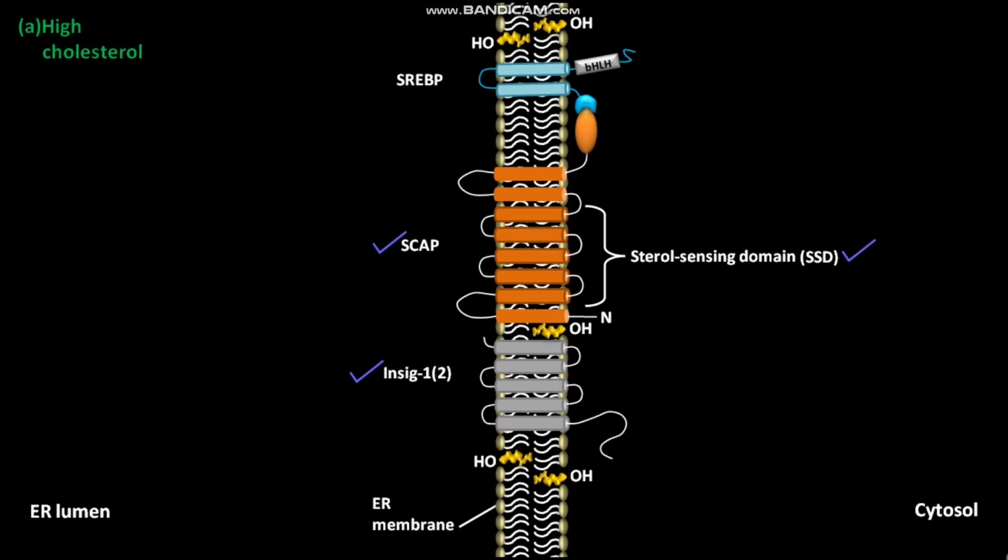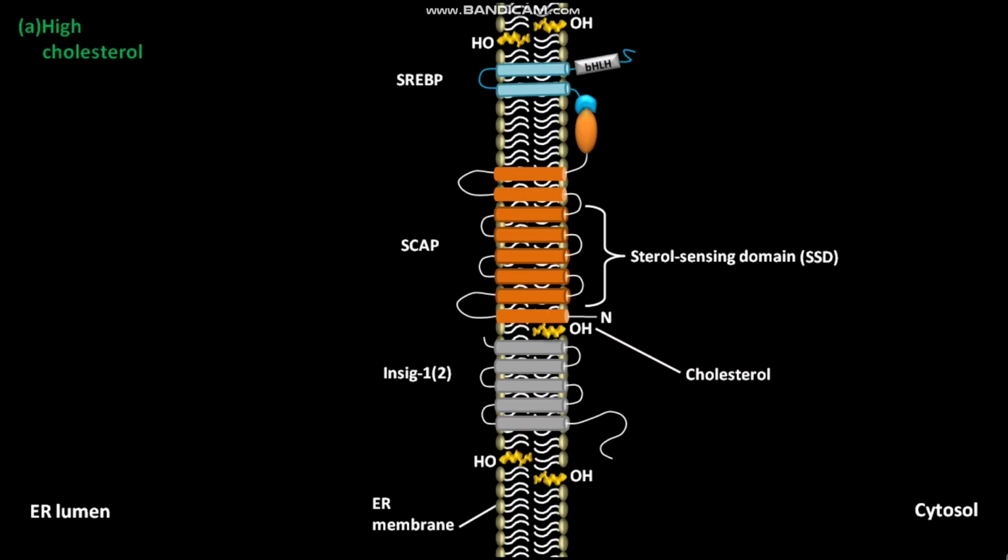When the SSD in SCAP is bound to cholesterol, SCAP binds to INSIG-1 or its close homologue INSIG-2. When INSIG-1 or INSIG-2 is tightly bound to the SCAP-cholesterol complex, it blocks the binding of SCAP to coat proteins on COP2 vesicles.